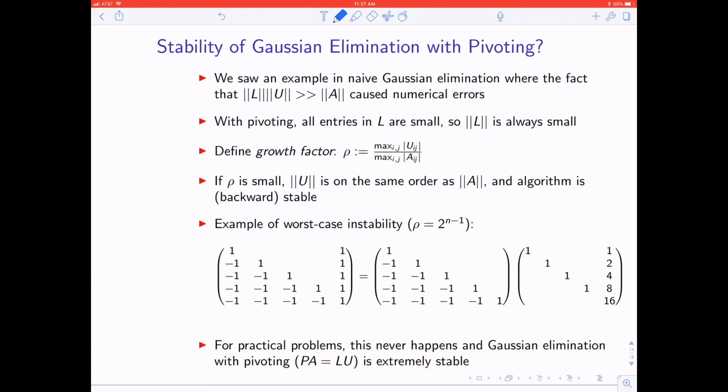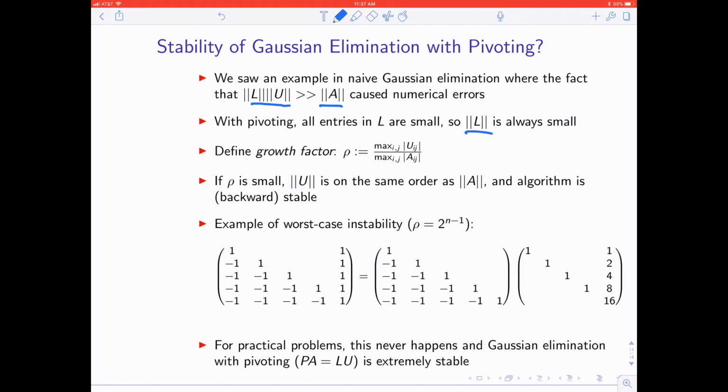It's worth talking about the computational stability of this method. I made a big deal out of an example before where the norm of LU was much bigger than the norm of A, and this caused numerical errors. But when we do this partial pivoting, all the entries in L are small, so the norm of L is always small, and that turns out to save us.